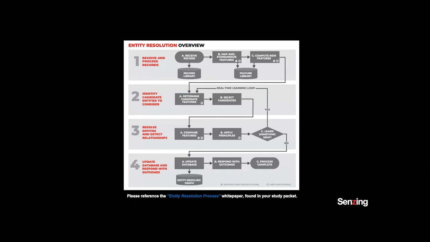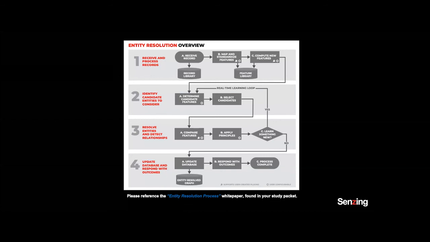So that means it's a name and an address minus a date of birth, and that's where we're applying principles. Once we have all the scores, we apply the principles. The principles say, if you have a name and an address, but the date of birth is different, that's not a match. It is a possible match, though, or possibly related, depending on how close the name is.